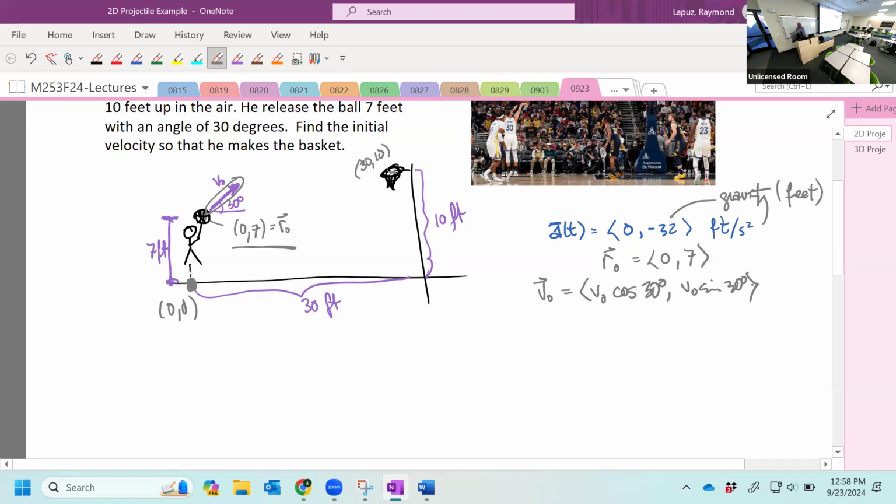So we know the values for cosine of 30 and sine of 30 degrees. What is it? Root 3 over 2 and 1/2. So we can do that now or later. I said 3 pi over 2 by mistake. What was I thinking? Root 3 over 2. That's what I wanted to say.